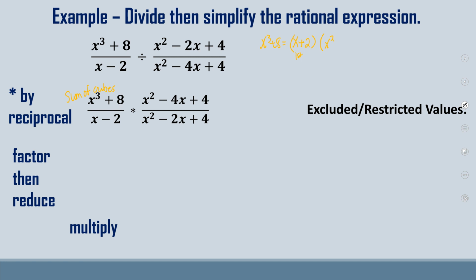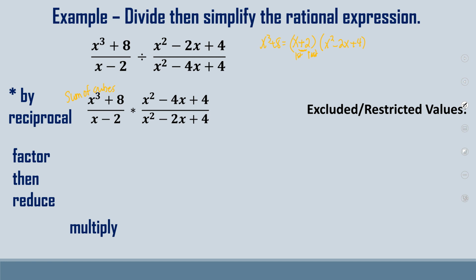I'm going to multiply the two terms together to give me a 2x, but I have to change the sign. And then I'm going to square that last term, which will give me a positive 4. Okay, so x cubed plus 8 turns into x plus 2 multiplied by the quantity x squared minus 2x plus 4. Okay, cool.